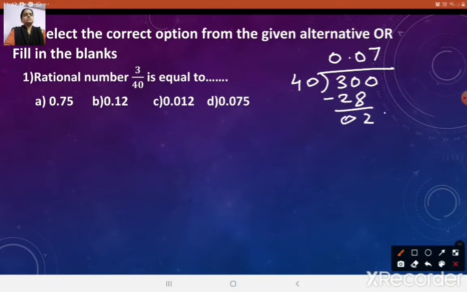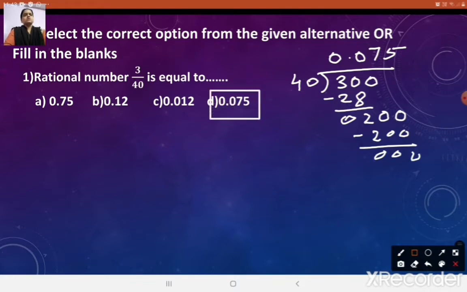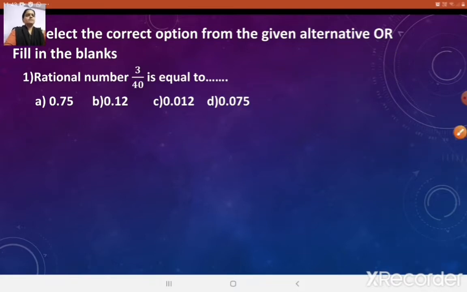Then take 2 0 and take one more 0. Now 4 5s are 20, so 40 into 5 will become 200. So what will be your answer? Your answer is 0.075. Can you see your correct option in all the alternatives? Yes, so this is nothing but your correct option, 0.075.